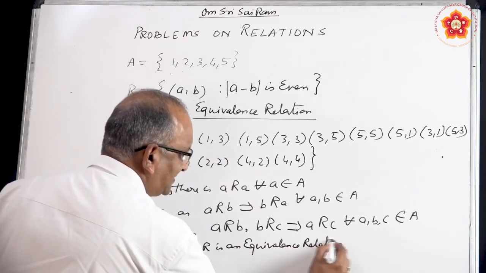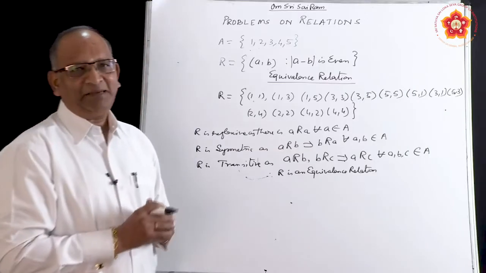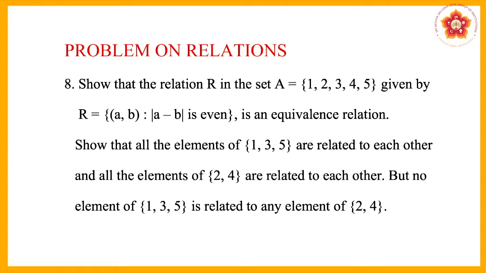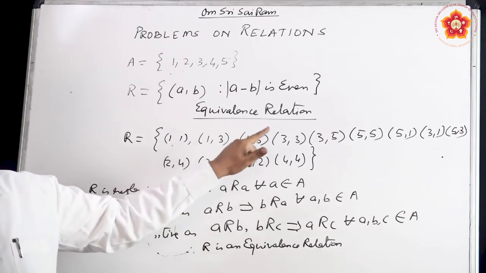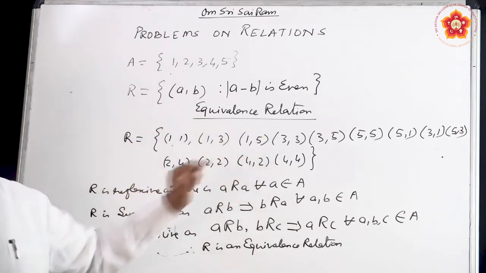Now let us come to the second part of the question. What does the second part of the question say? He says, show that all the elements of {1, 3, 5} are related to each other. Purposely I have written it in such a way that in the first row you find only the elements 1, 3, 5. In the second row you find the elements 2, 4.